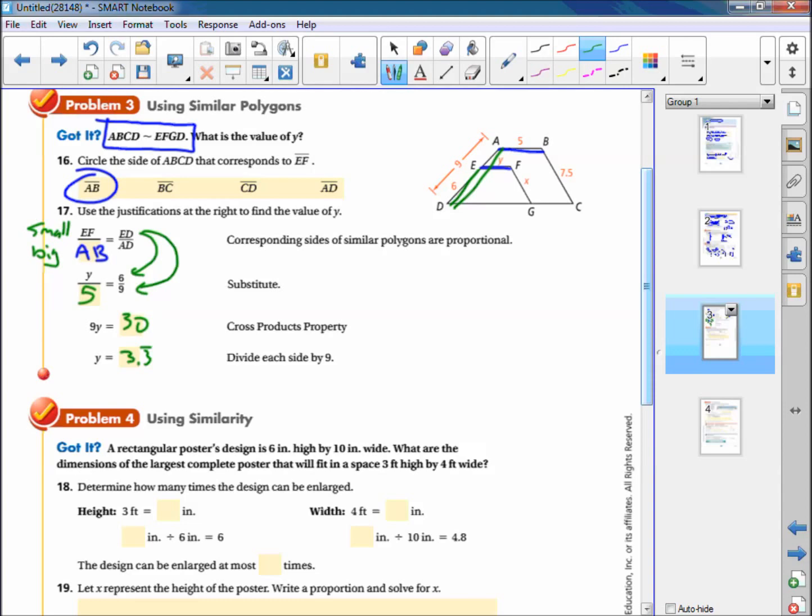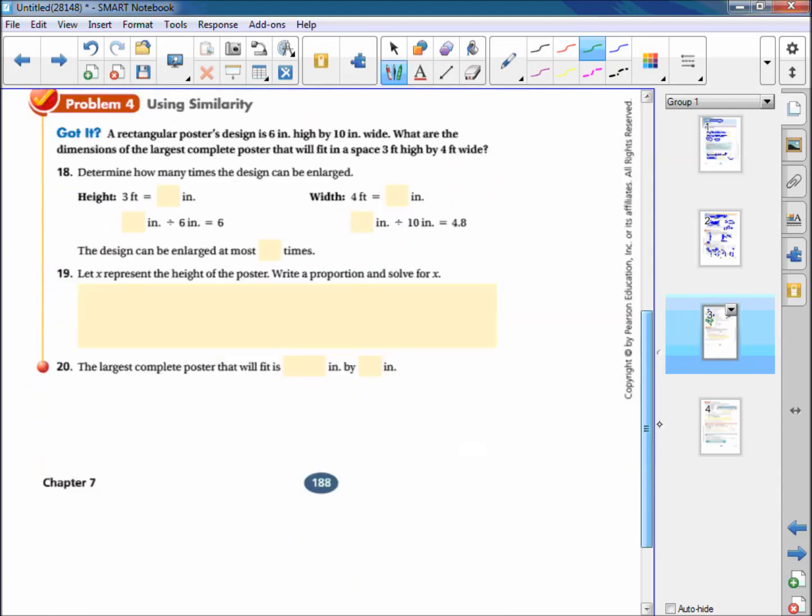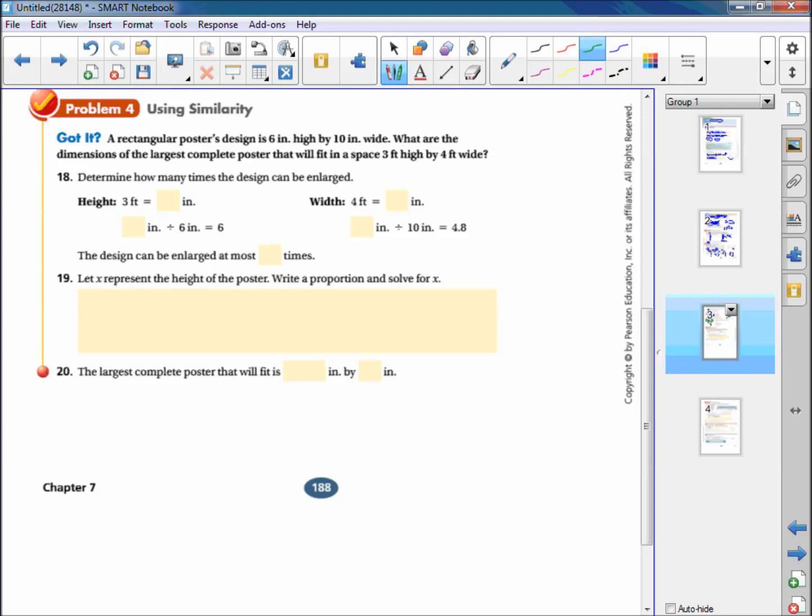Okay. All right, problem number 4, using similarity. So a rectangular poster's design is 6 inches high by 10 inches wide. Okay, so 6 by 10. What are the dimensions of the largest complete poster that will fit in a space that is 3 feet high by 4 feet wide? All right.